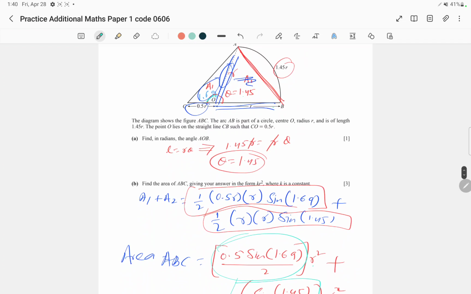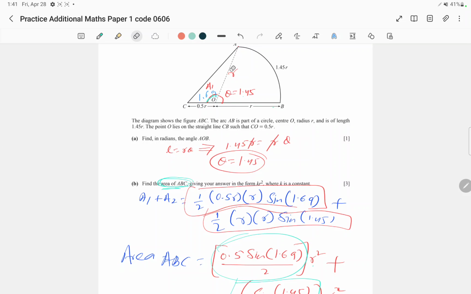But I think, find the area of ABC. Oh, I think they are not finding the triangle only. Find the area of ABC. If they had targeted the triangle, they would have said find the area of the triangle ABC. So this is not a triangle. It's not clearly mentioned. Oh, it means, you know what we need to find?